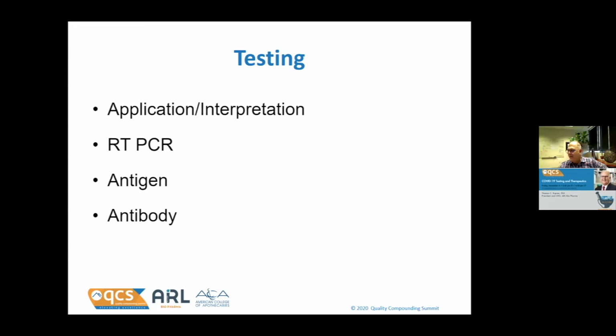I wanted to bring that up and explain it because that's a very important gold standard that's been used by the FDA for many years for diagnostic tests. And we'll look at these in regards to real-time PCR, or some people refer to it as NAT, nucleic acid amplification test. We'll look at some antigen and then also the antibody testing.